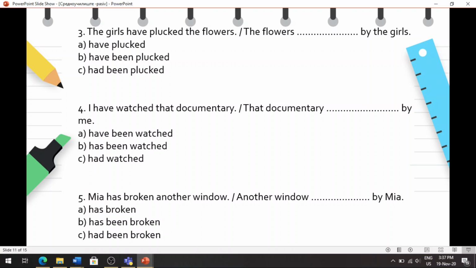I have watched that documentary. That documentary have been watched, has been watched, or had watched by me. And the last sentence from the first exercise: Mia has broken another window. Another window has broken, has been broken, had been broken by Mia.